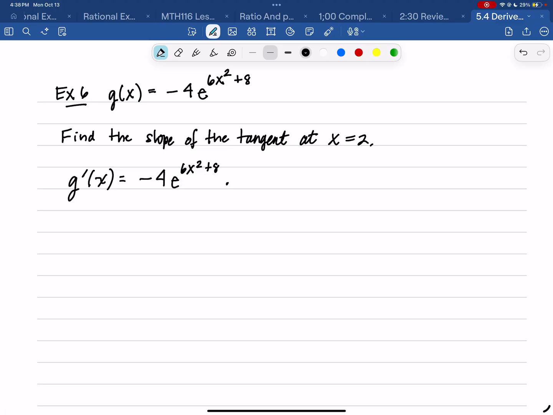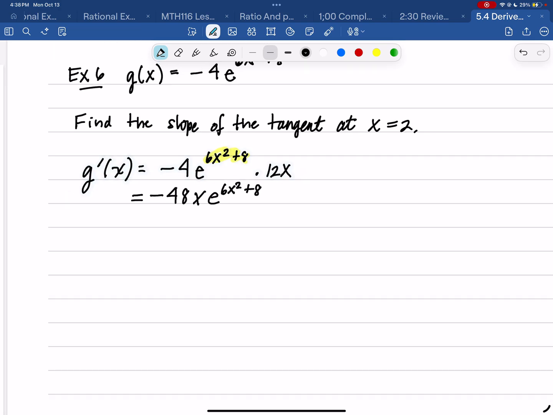But it does have a chain rule, because when you have e to a differentiable function, you have to take the derivative of that. And that's why I tacked on the 12x. So that's going to give me a negative 48x e to the 6x squared plus 8.